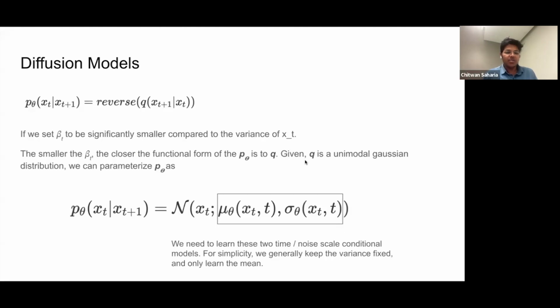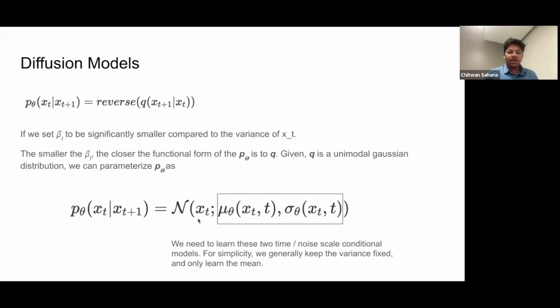And if the beta t's are small enough, you can imagine that denoising, removing a very small amount of noise, is still a unimodal problem because you haven't really destroyed any modes in the data by adding a little bit of noise to the image. So given that our forward process was a set of Gaussian distributions, we can parameterize our reverse process also as a Gaussian distribution.